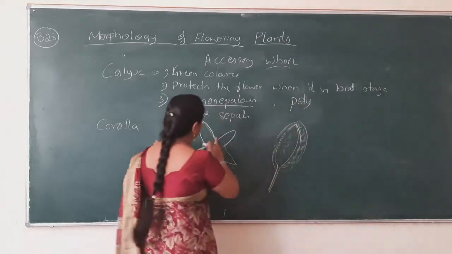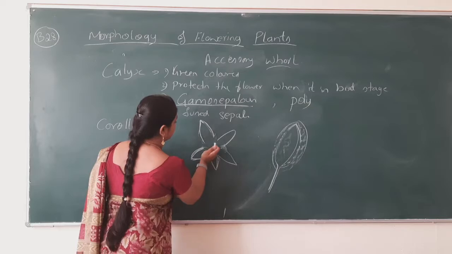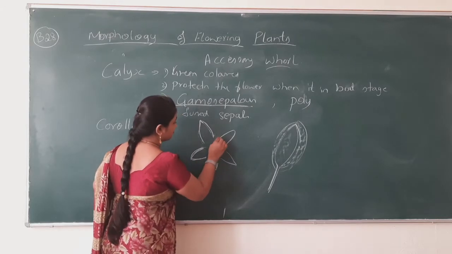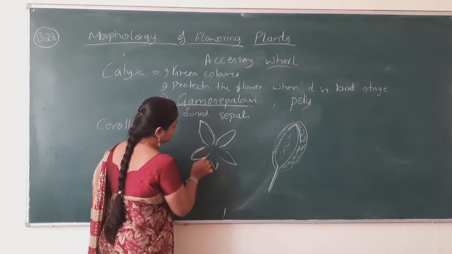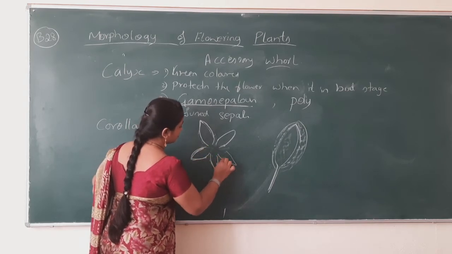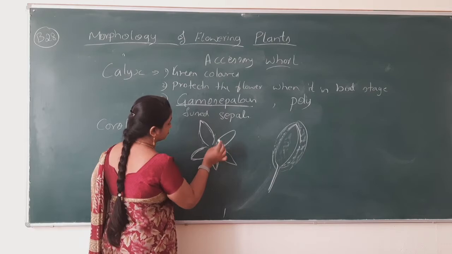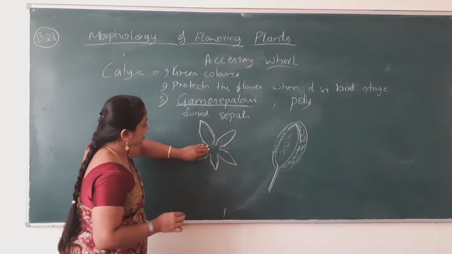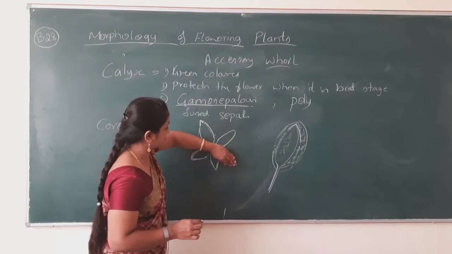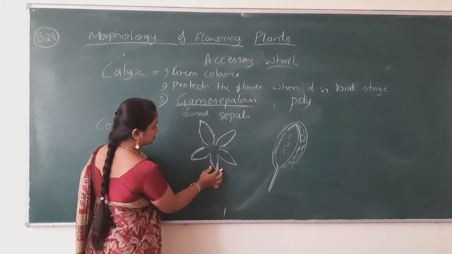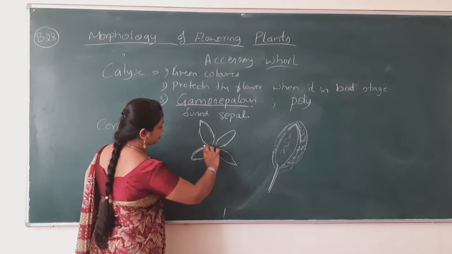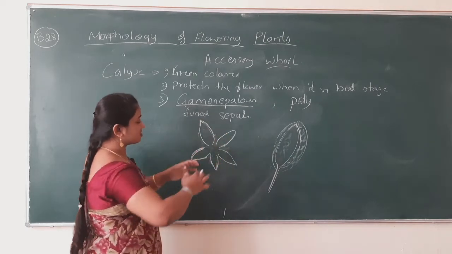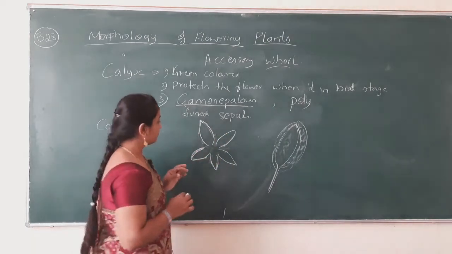In one more condition, they will be free in appearance. Free means somewhat like this. They will not be fused, they will be free with one another. This one sepal is free, it didn't get attached to this sepal and this sepal. All the sepals are free with one another.